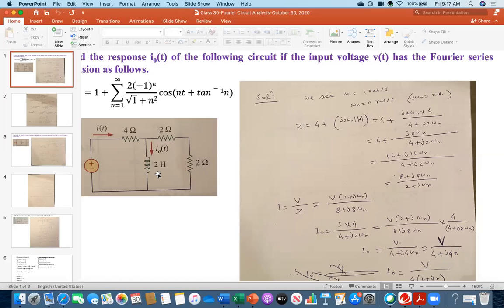But in this case, j omega n and then 2, so that's why I have written j 2 omega n. Omega n is this one, the generalized nth term, the nth harmonic of omega. And then simply I am taking this multiplied by this, plus this parallel combination. And then I am doing.